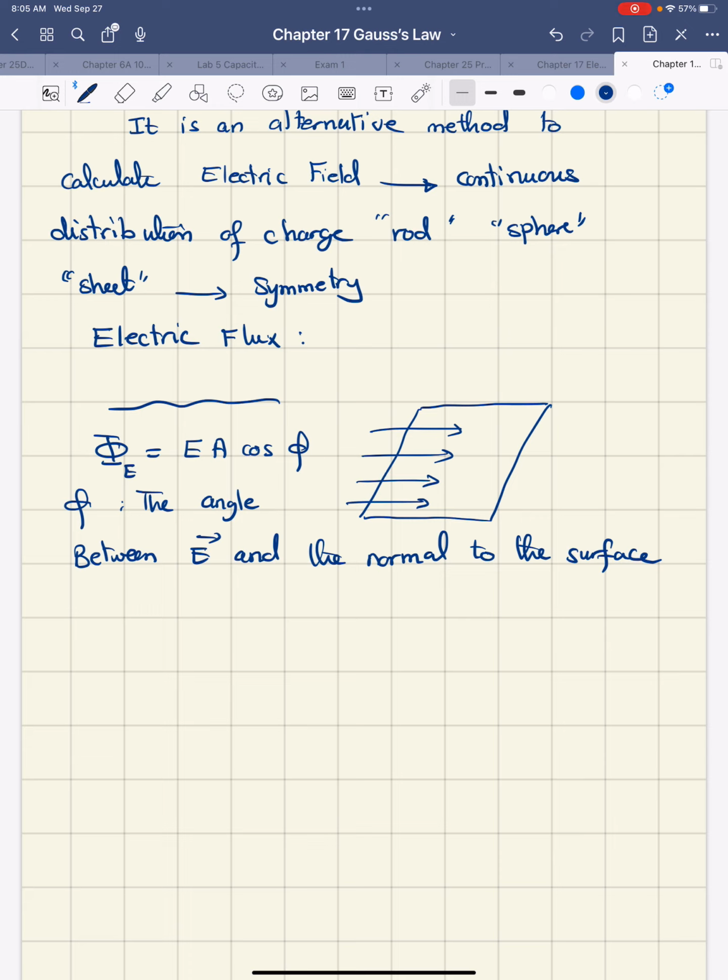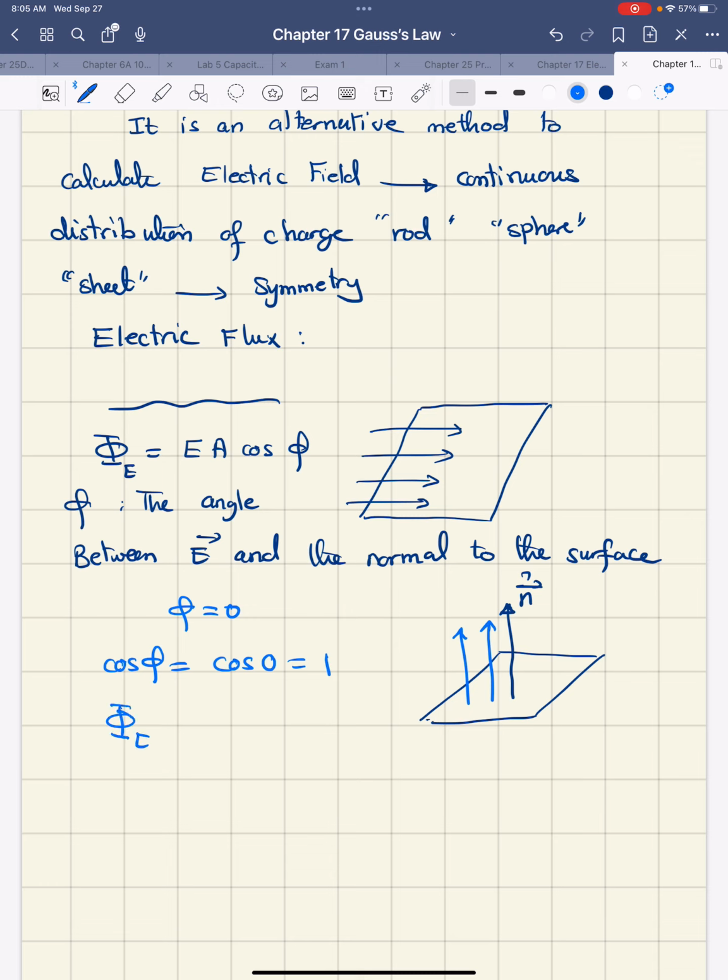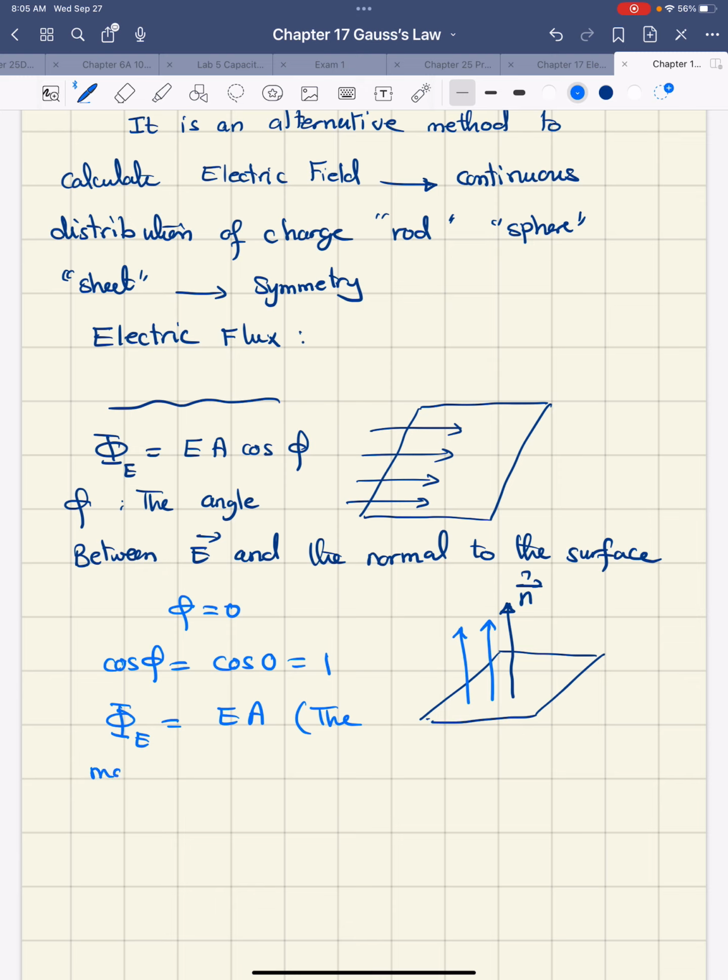If my surface is like this here, and this is the normal for the surface, and the electric field is this way, then here phi is 0. And with phi 0, cosine phi is cosine 0 equals 1. Then all the lines hit the surface perpendicular, and this is going to be the maximum flux.